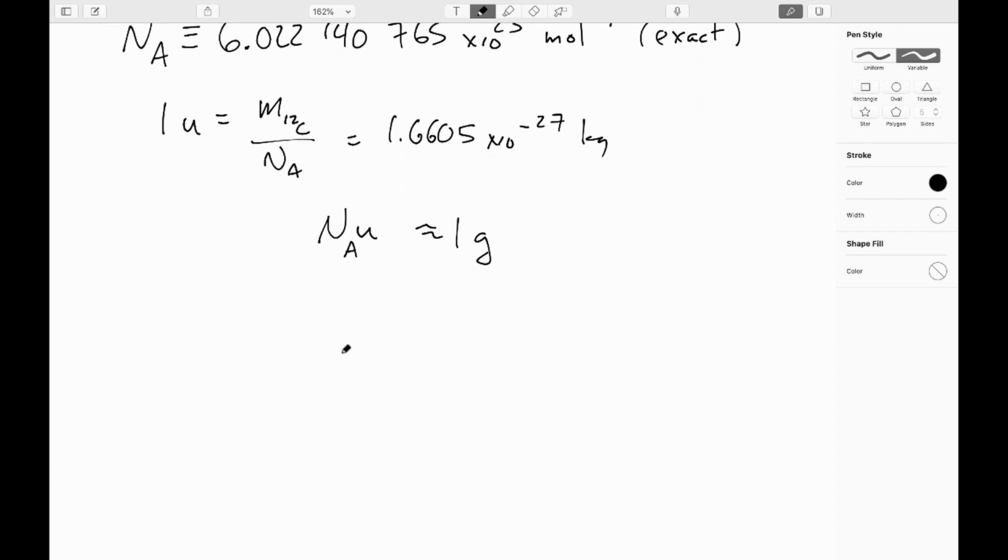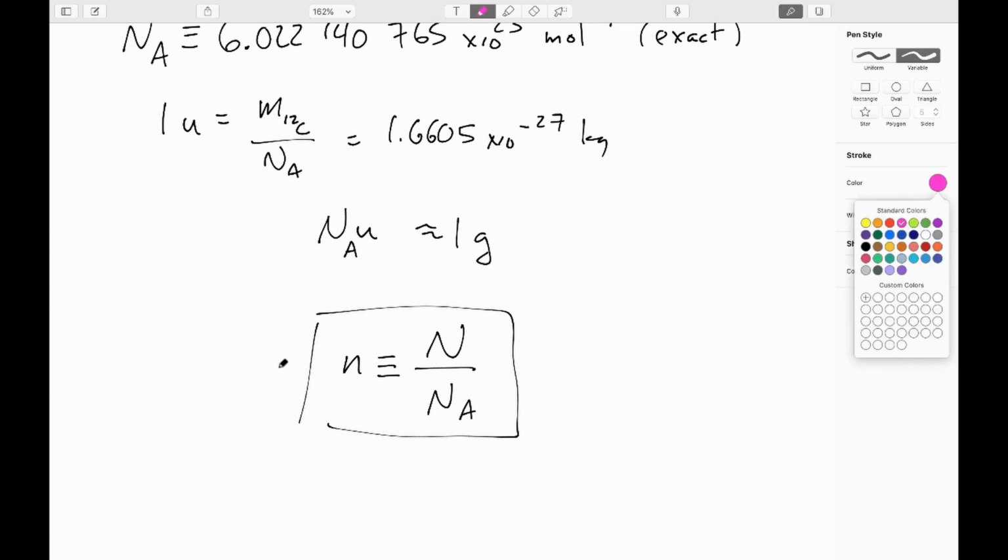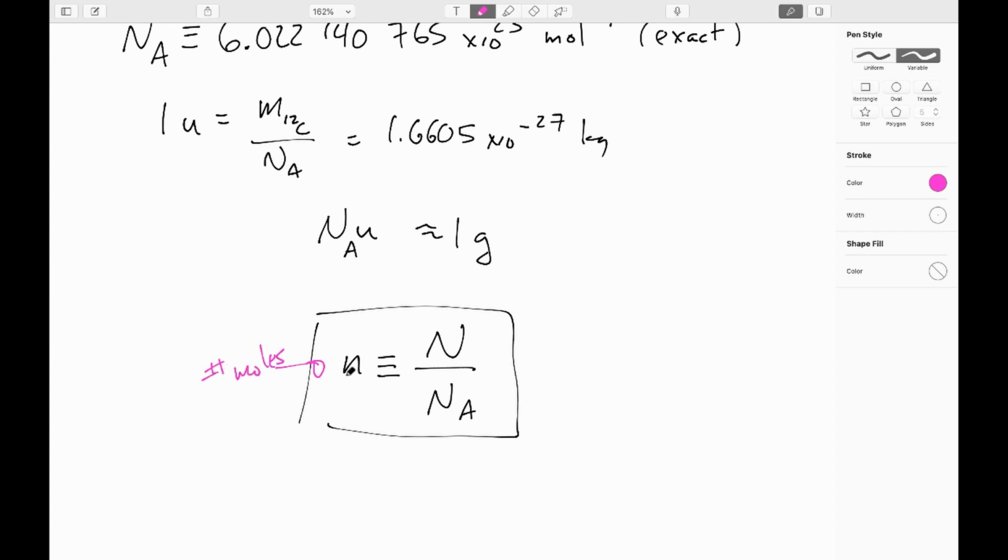So for a bit of notation here, the number of moles of something is the number of atoms over Avogadro's number. A handy way to remember how this works: it's often the case in physics that the lowercase symbol is the uppercase symbol divided by something.